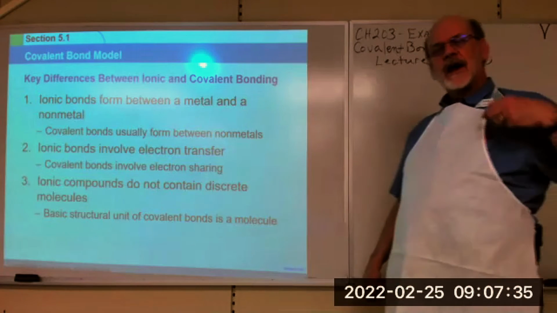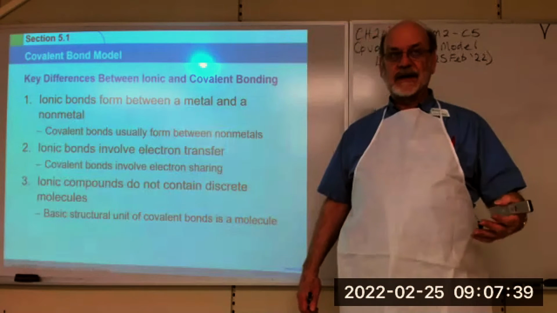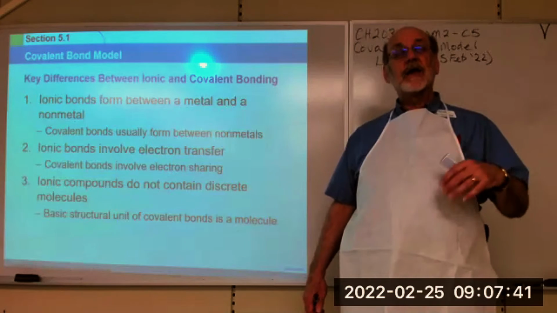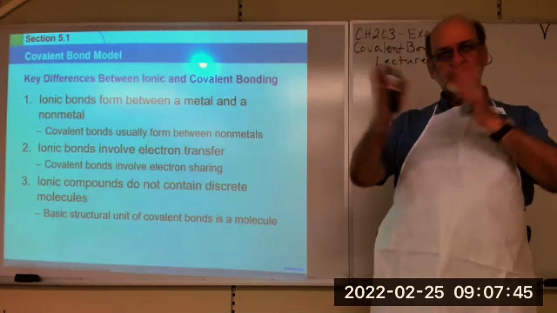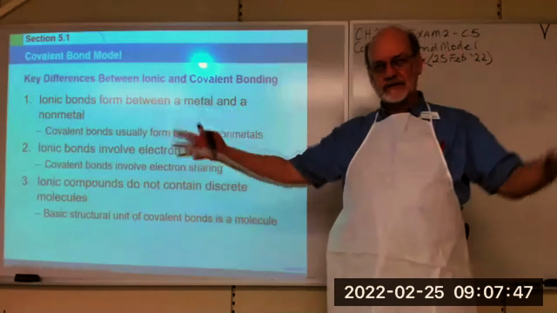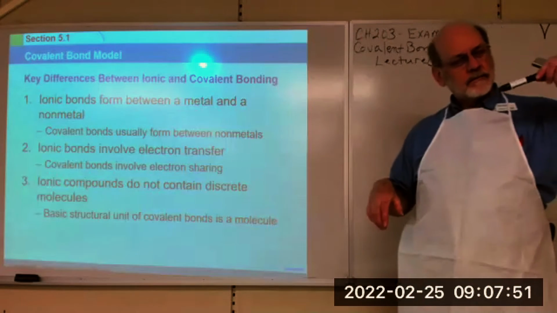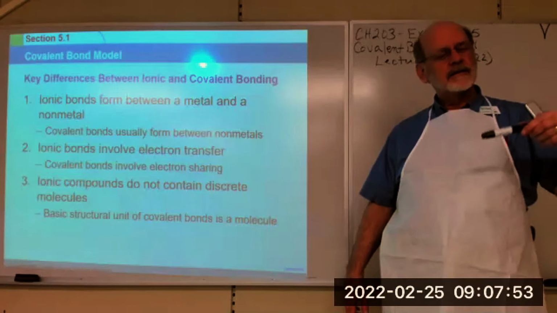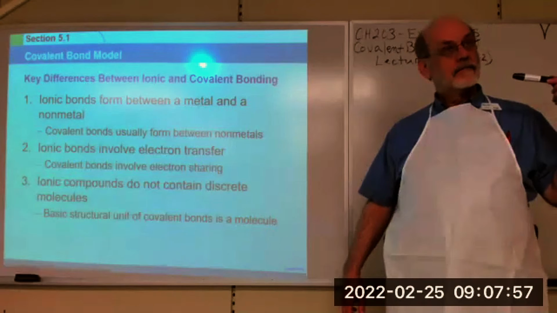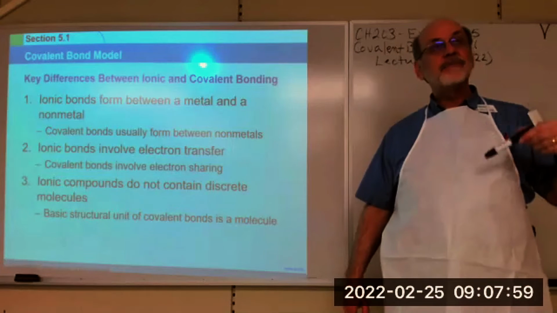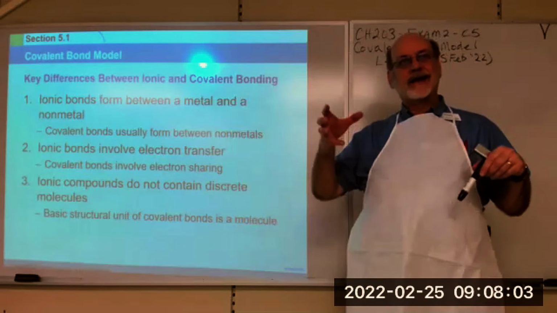So when we say a molecular compound, we're implying covalent bonding. With ionic bonds, we're implying a crystal lattice with positives and negatives throughout. So when we write the formula for an ionic compound, we're saying this is the simplest whole number ratio of cations to anions.